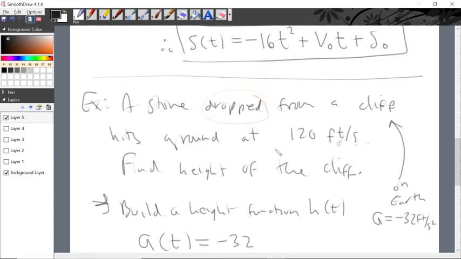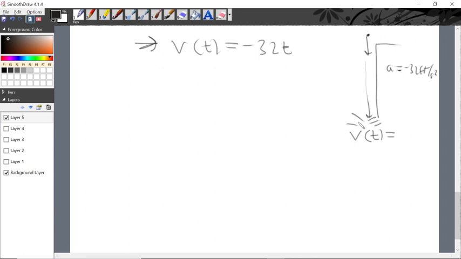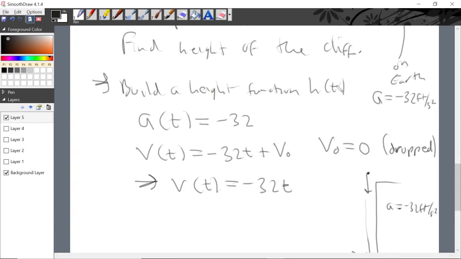It hit the ground at 120 feet per second. But the velocity would be directed downward, because the object is falling. That's because we're building a height function, right? So the height of this thing was decreasing.